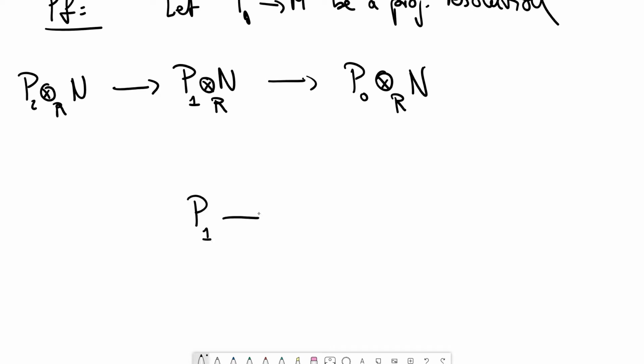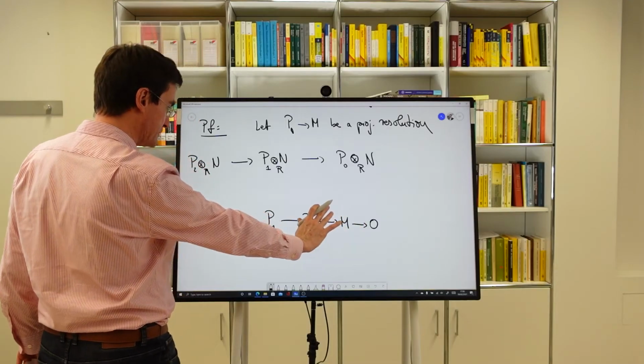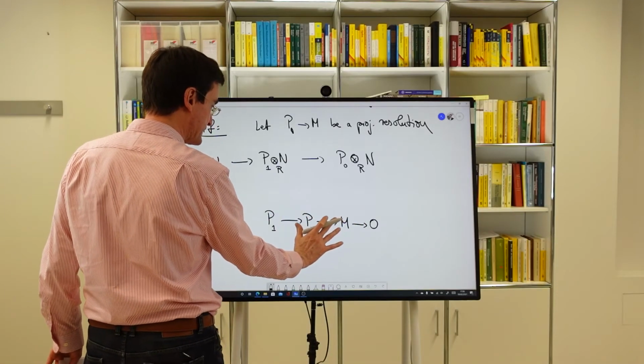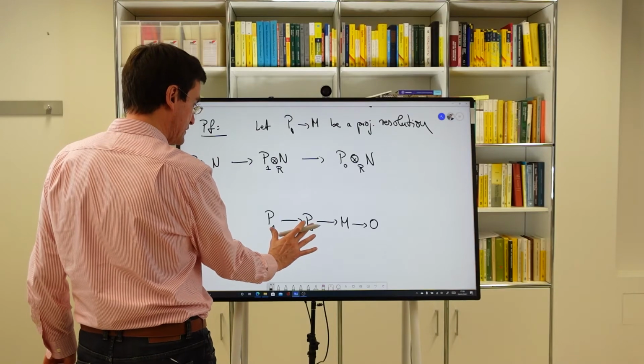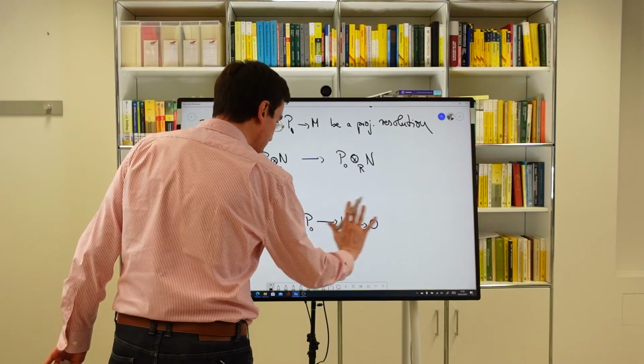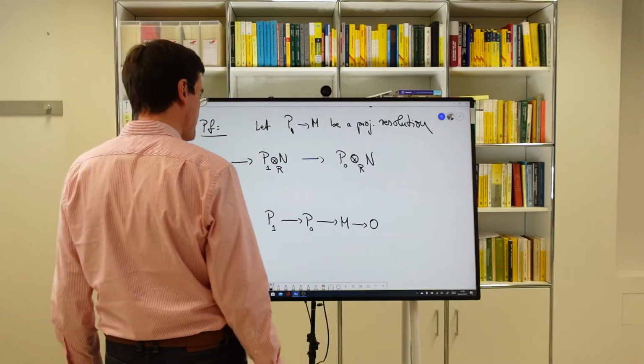Remember that this is a resolution, so this is exact, okay? I mean, it goes on, there you get a resolution of the whole M, but we're just interested in the first two steps of this projective resolution, and in particular, this is exact.